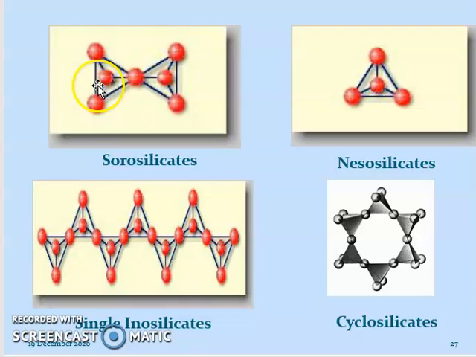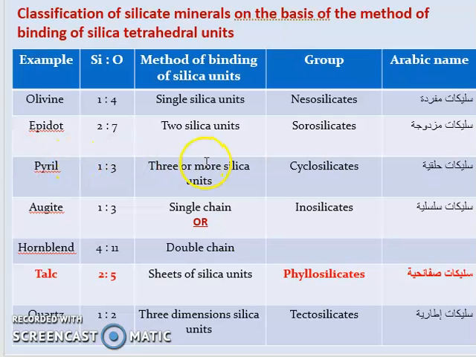The chemical composition should be Si2O, 1, 2, 3, 4, 5, 6, 7, Si2O7. This is called the chemical composition of sorosilicate or double or 2 silicate unit, and the ratio of silicon to oxygen is 2 to 7.